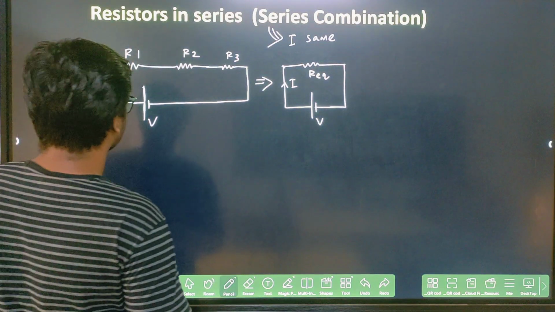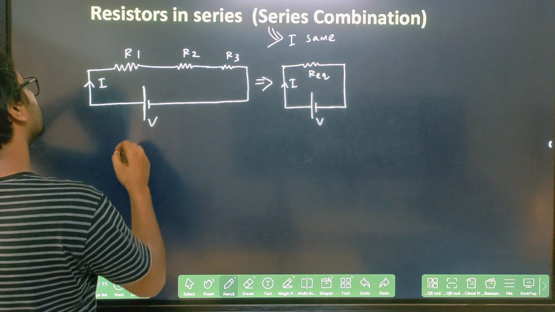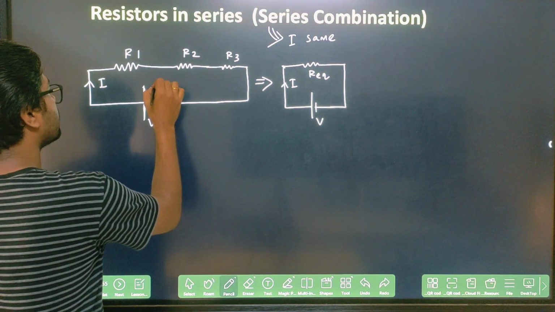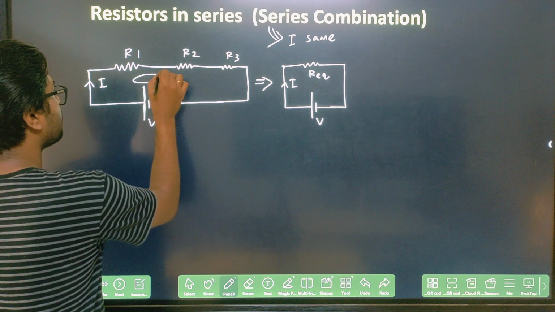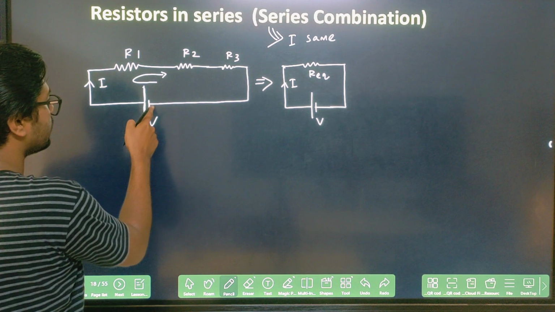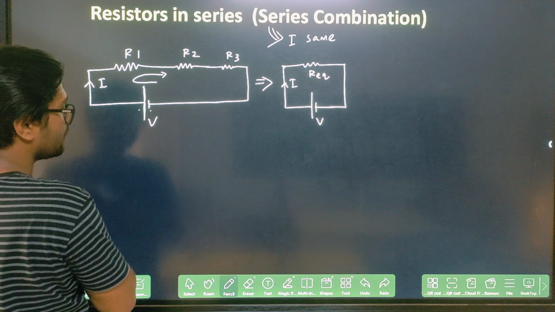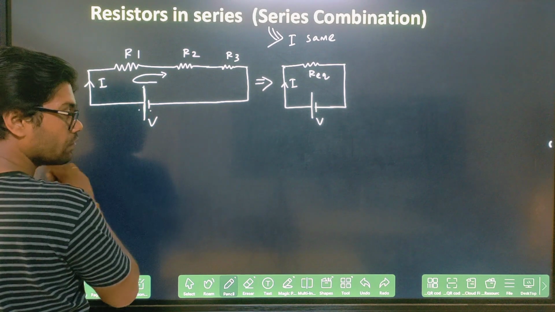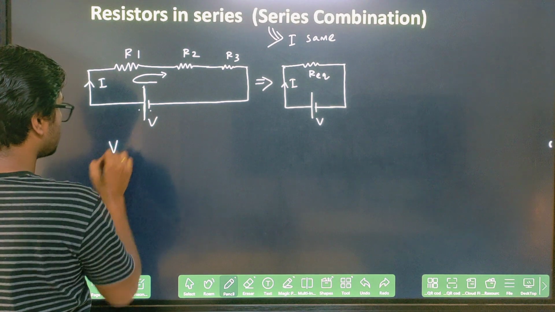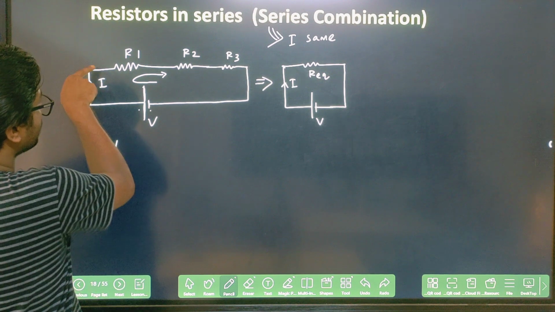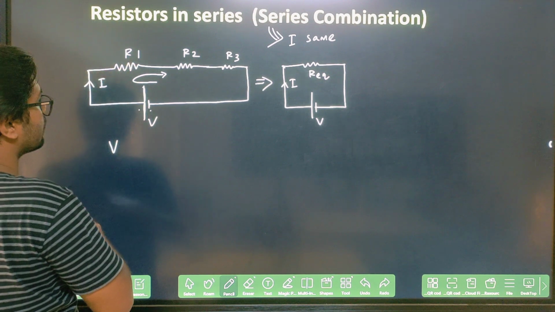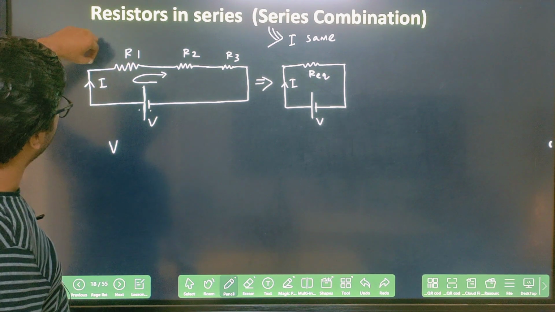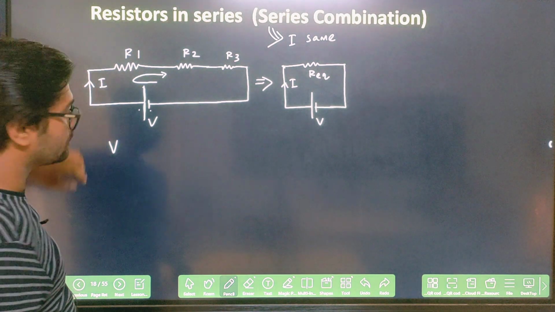Just look here. If I apply the KVL loop here, you are going from minus to plus, so there will be a potential rise V, and you are going along the direction of the current through the resistor.